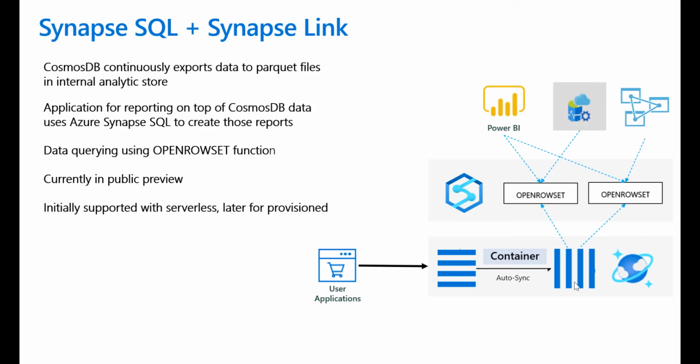This way, we are combining the best of OLTP and OLAP workloads because we are enabling customers to keep inserting data in Cosmos DB transactional storage, and we are doing analytics using Synapse SQL on demand, using SQL language and the analytical store.